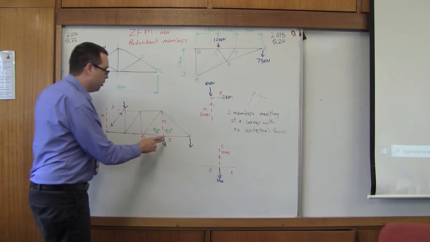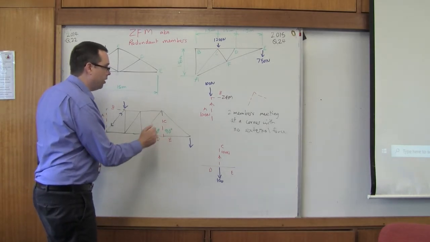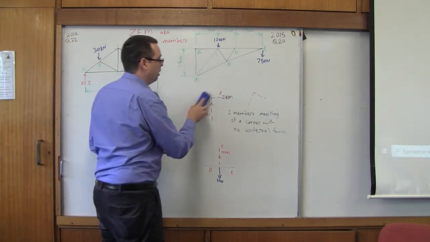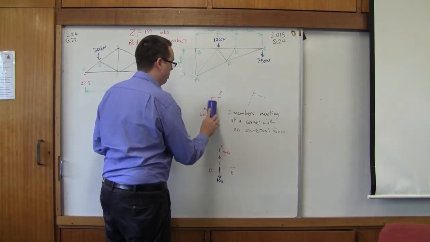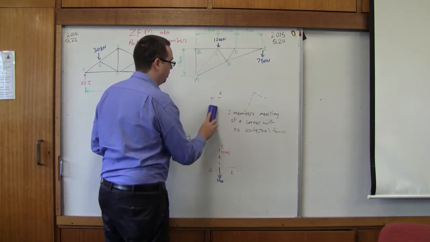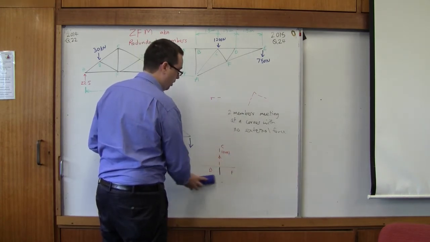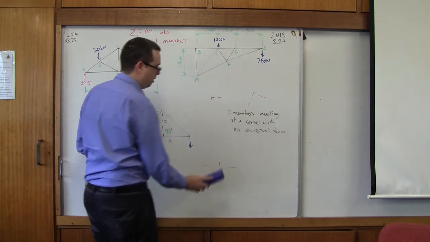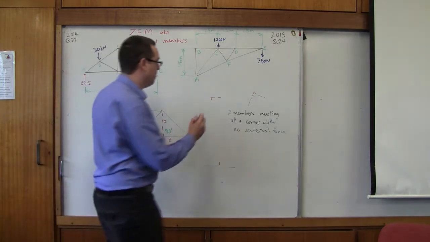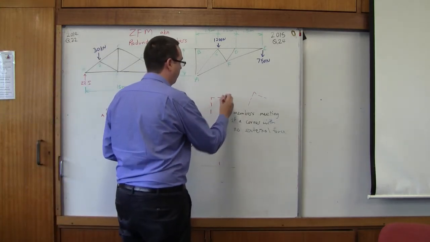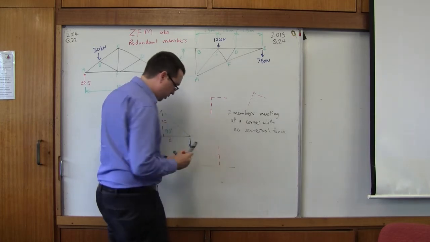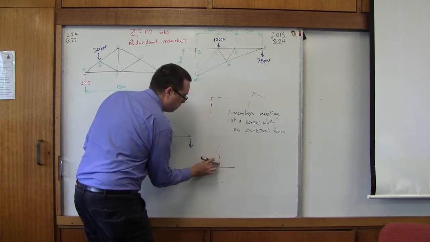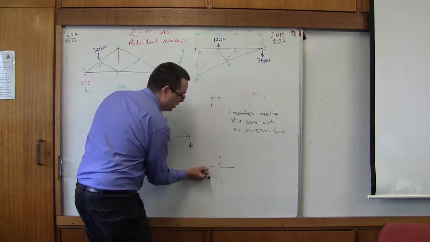Okay, so what are we looking for? If we have a shape that looks like this, or a shape that looks like this, we're going to have zero force members, or redundant members.